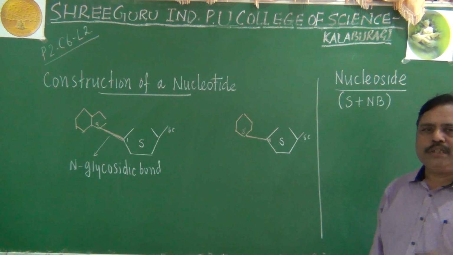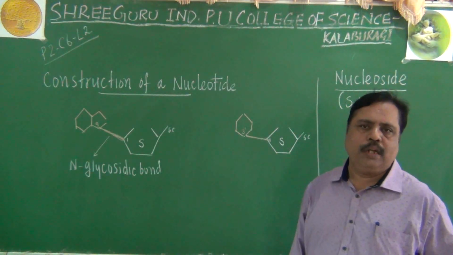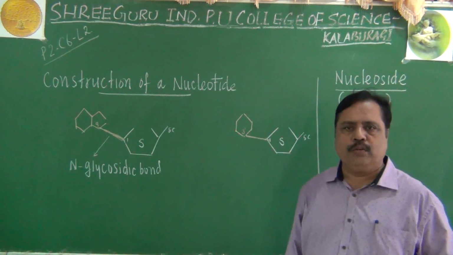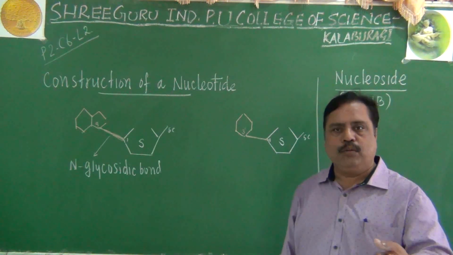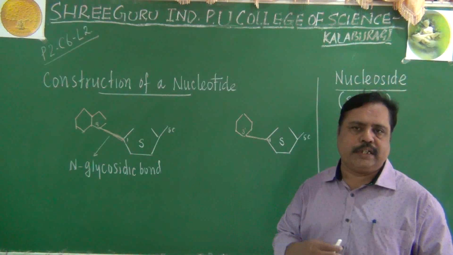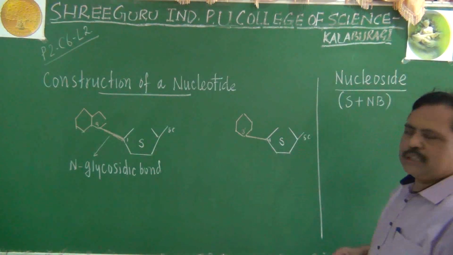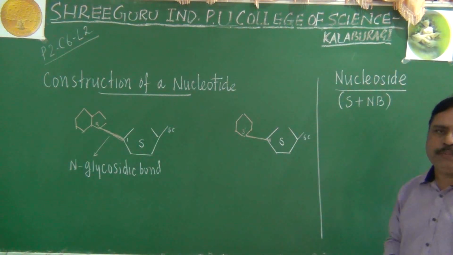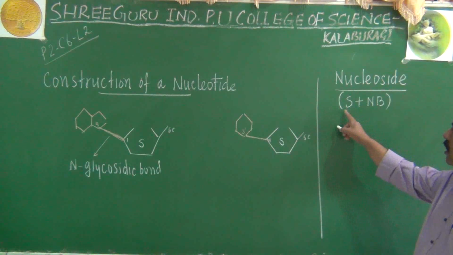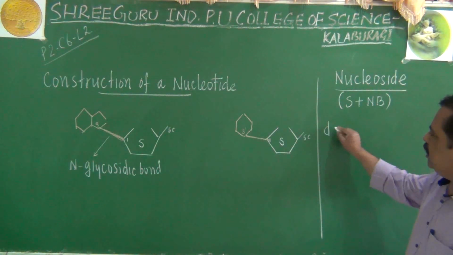There are many questions in competitive exams, even in 1 mark board exams also. Give 2 examples for nucleoside, or which among the following is not a nucleoside, questions like that can be asked. I will give you some examples for a nucleoside. Nucleoside means sugar plus nitrogenous base. Suppose imagine the sugar is a deoxyribose sugar.